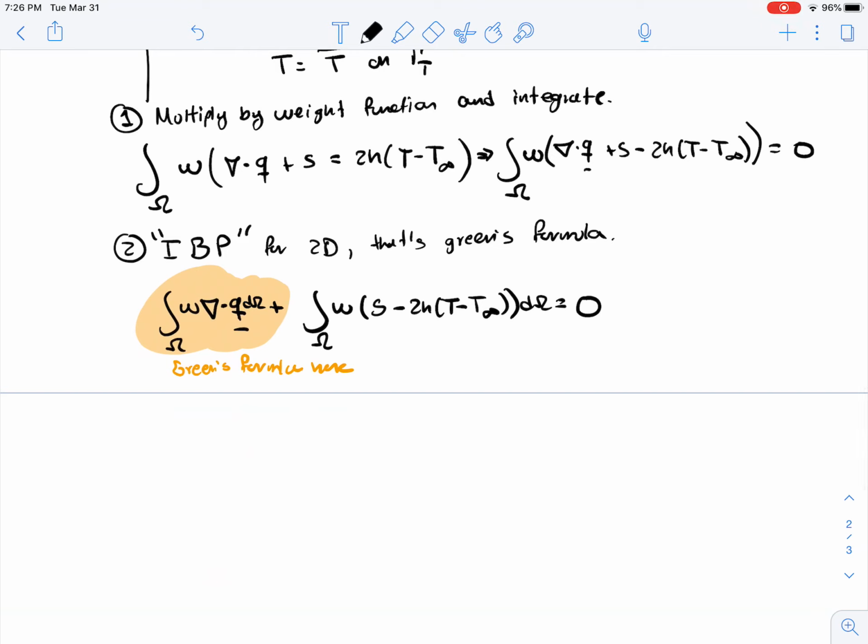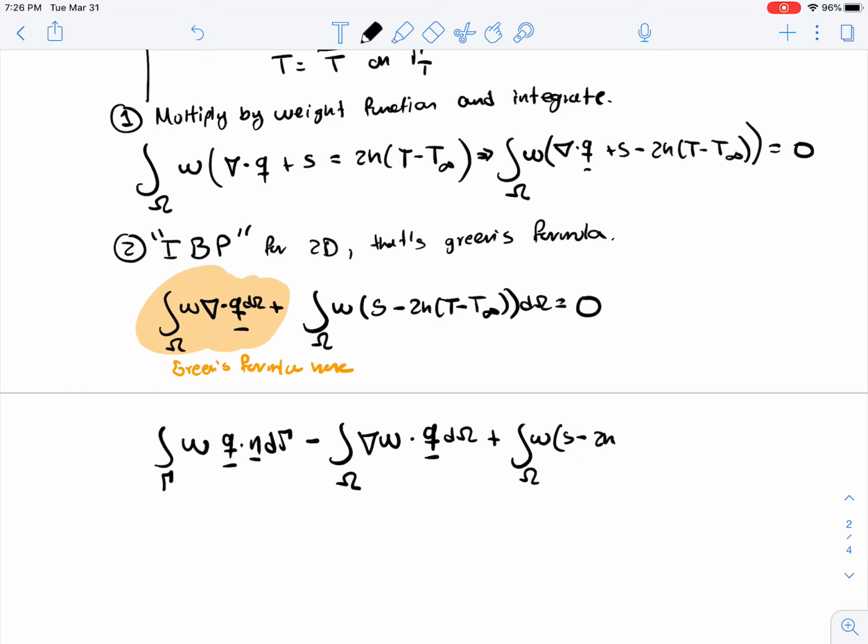So we basically copy that here, and what we're going to end up with is the integral over the boundary of w times the normal component of the vector field minus the integral over the domain of the gradient of w times the vector field. And then the rest we keep as we had: the integral over omega of w times S minus H times T minus T infinity d omega, all of that equals 0. So that's it. We just used Green's formula.